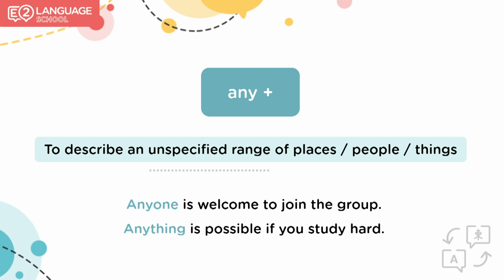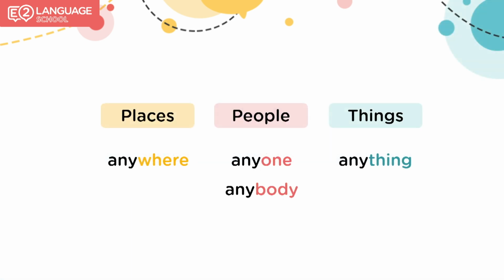Or anything is possible if you study hard. So when we say unspecified range, this means that there are no limits, no limiting factors. Places, anywhere. People, anyone or anybody. And things, anything.